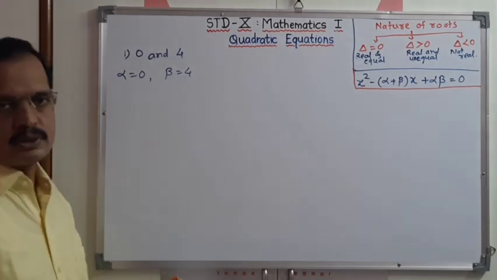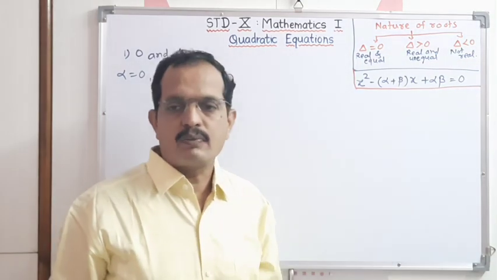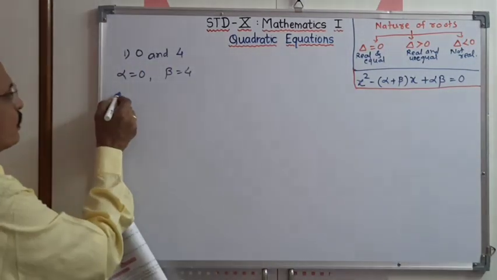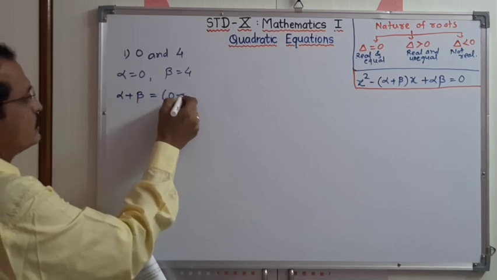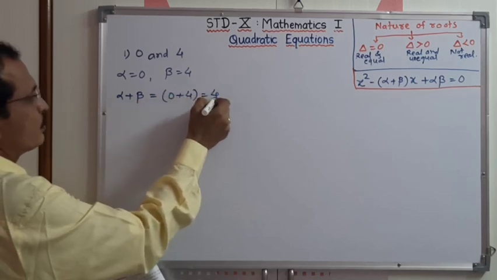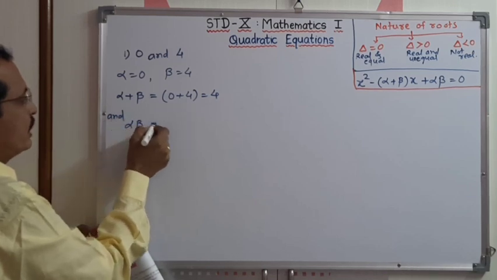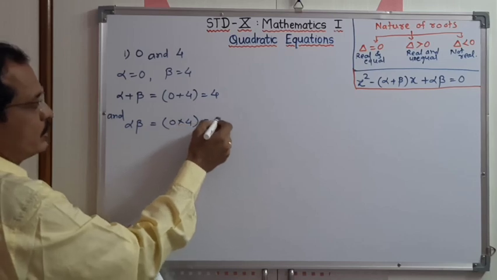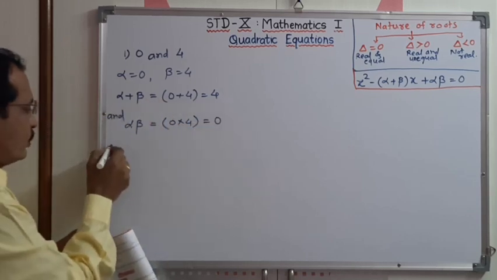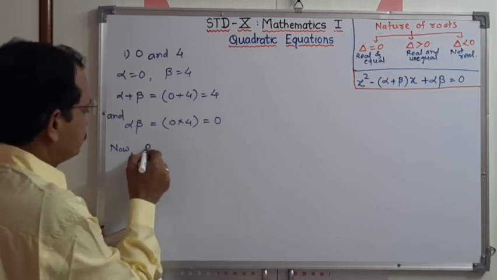That means two roots are given and we have to find out the quadratic equation. For that purpose, dear student, we require alpha plus beta and we require alpha into beta. Therefore, first of all, we have to write here alpha plus beta is equal to 0 plus 4 is equal to 4 and alpha into beta is equal to 0 into 4 is equal to 0. Now we have to write the required equation.